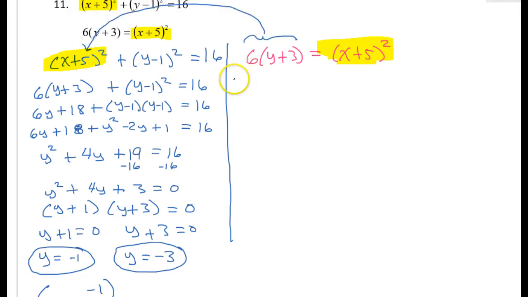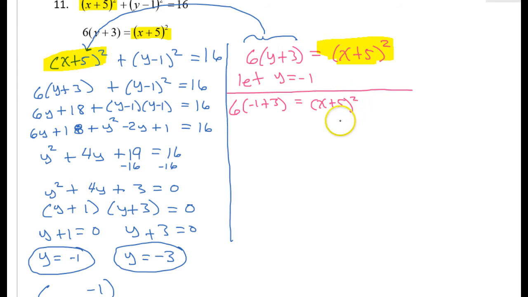Okay, so the first thing I'm going to do is I will let y equal -1. I'm going to see what happens. So this is going to be 6 times -1 plus 3 is equal to x plus 5 squared.